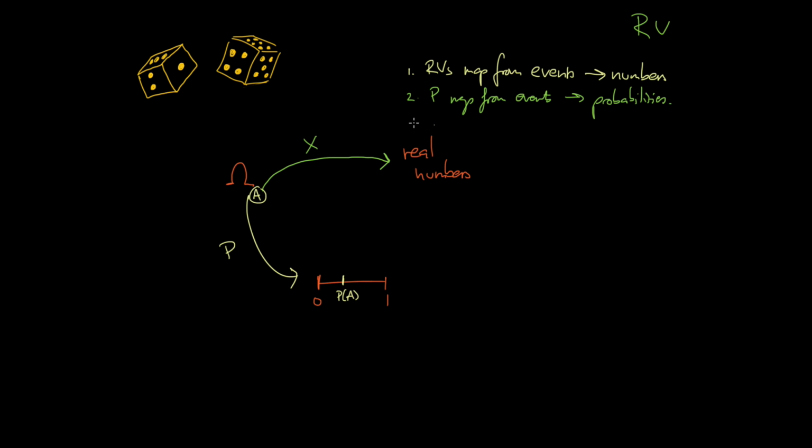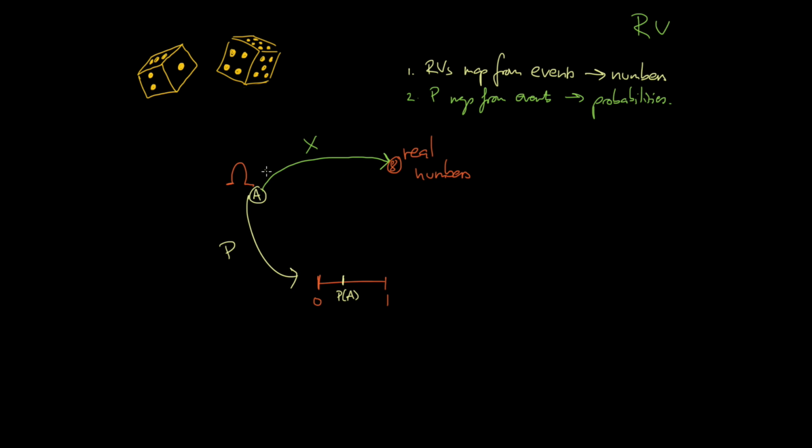And the way that we sort of get for free this idea of the probability of a random variable being equal to a particular number, so for example, here I might have 8, a particular number, is we say, okay, well, what is the set of all outcomes, the event, that maps to this particular real number? And then we ask ourselves, what's the probability of that event?